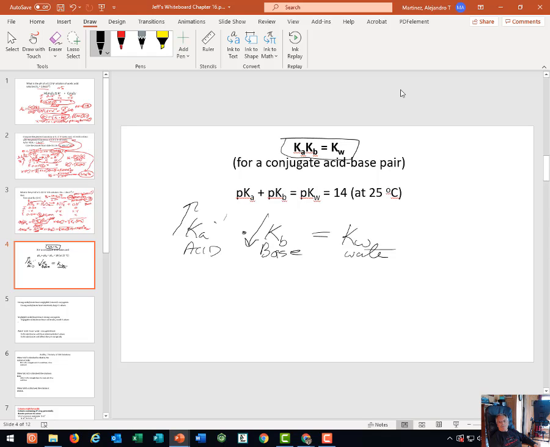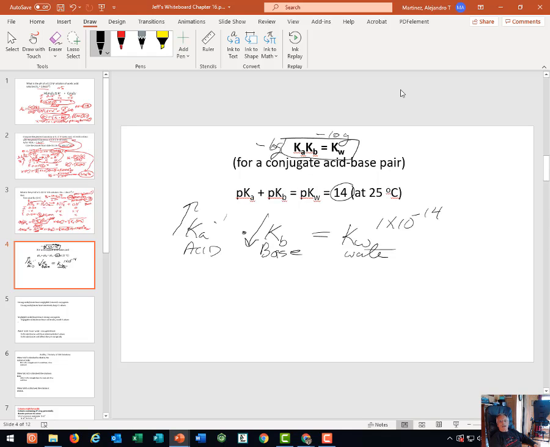And then Kw is the equilibrium constant for water. And if we're at 25 degrees, that's going to be 1 times 10 to the minus 14. And then we also discovered that if we take the negative log of both sides of this equation, what we wind up with is pKa, that is the negative log of the Ka, plus the negative log of the Kb, which is equal to the pKw, which at 25 degrees is 14.